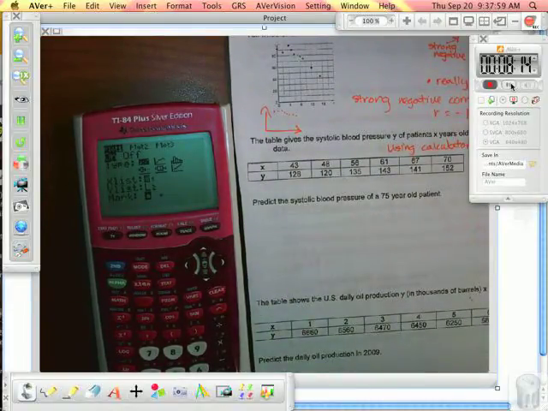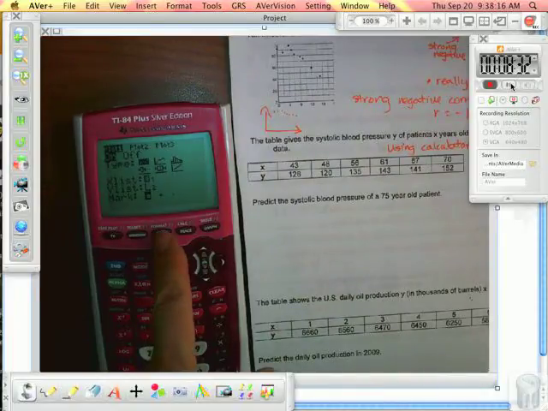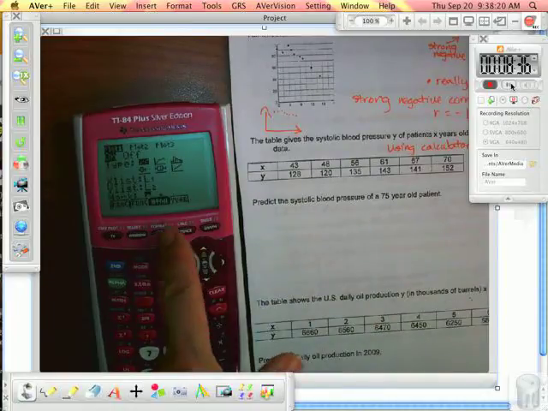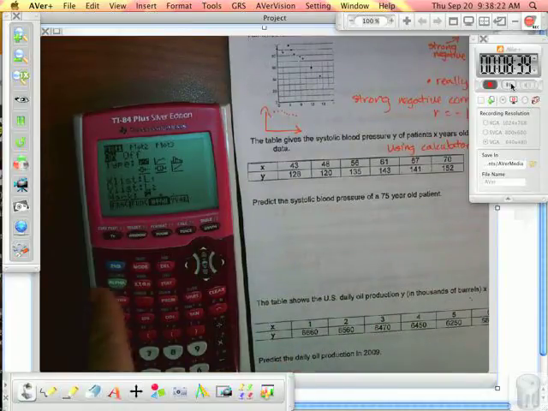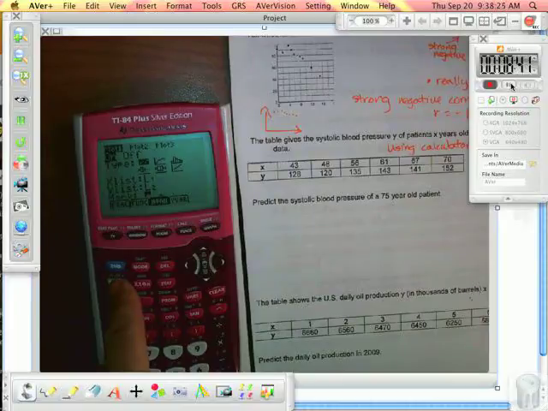All right. Now we're going to graph it, but don't push graph, because if you do, then you have to adjust your window and figure out exactly where to find it. The calculator will adjust your window for you perfectly if you push zoom right here.